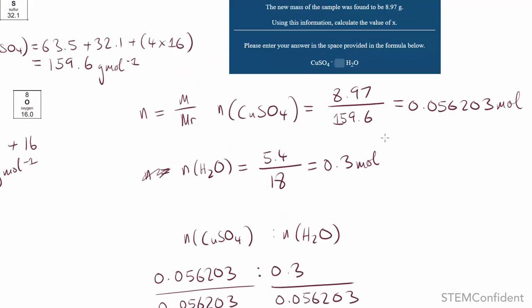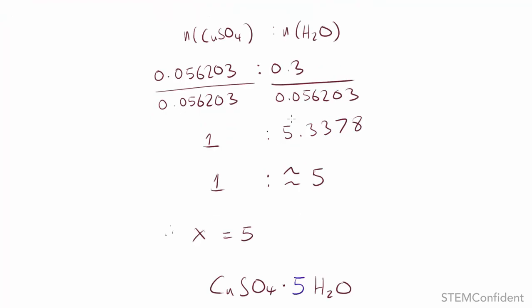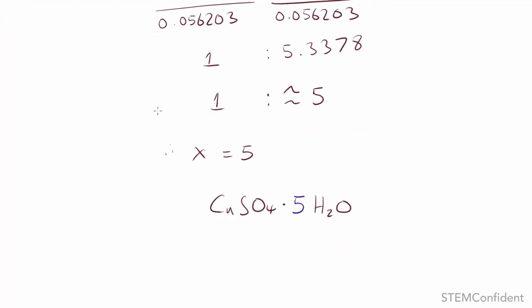And similarly over here, it said to fill in that space with the value, so we're going to just put 5 in there, right? So yeah, that would be how you would go about figuring out the value of x in this case.